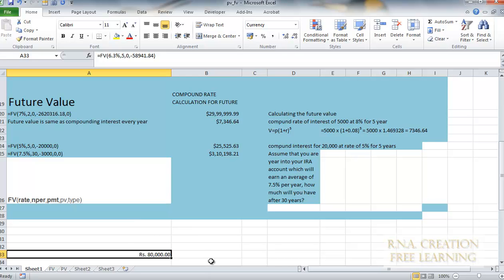But in the present value it was reverse. You wanted a certain amount of money in the bank after a certain period of years, and so you wanted to find out how much you should deposit at the rate of percentage that the bank was currently paying, so that you can reach that amount. So that's the big difference between both of them.